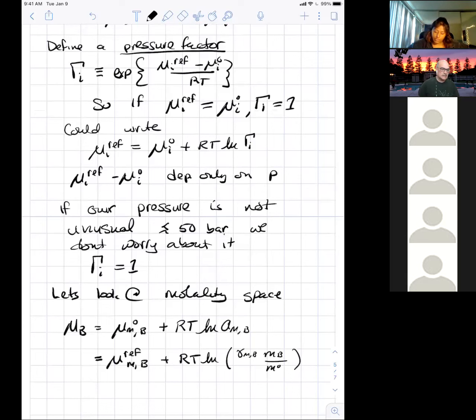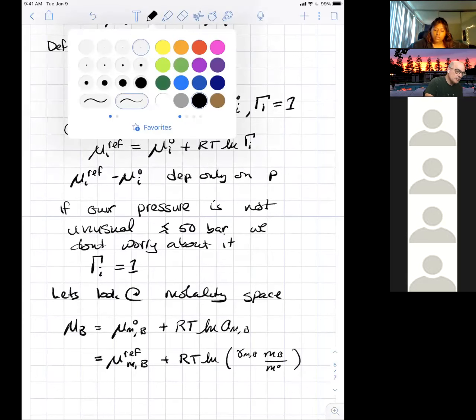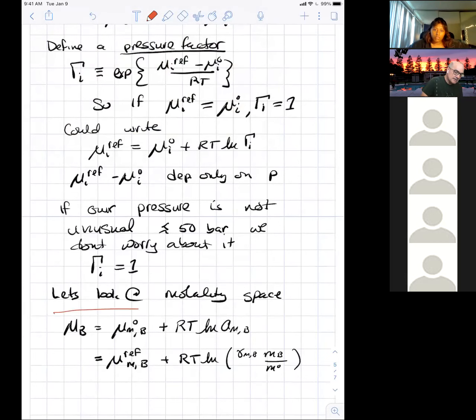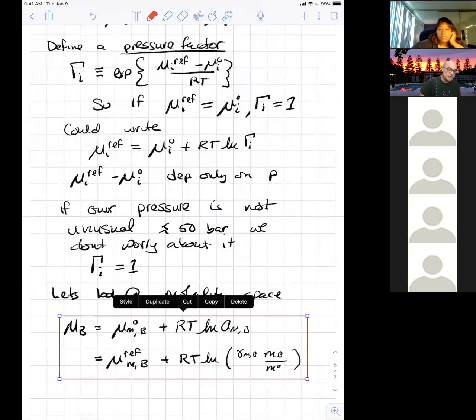But this is kind of profound in that this is really the relationship that defines activity, activity coefficients, and concentrations.